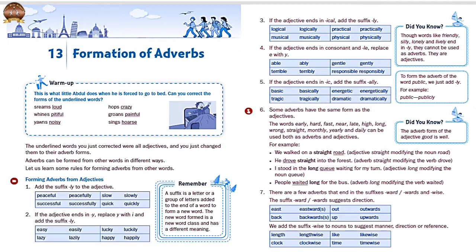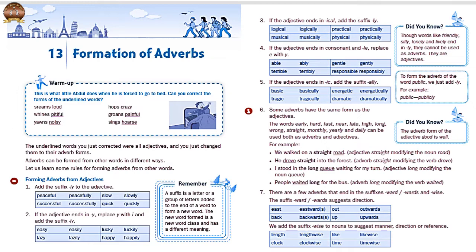Then some exceptions. Friendly, silly, lonely and lively have ly, but they cannot be used as adverbs. Like an adverb, they are adjectives. And to form the adverb of the word public, we must add ly. Public, publicly.